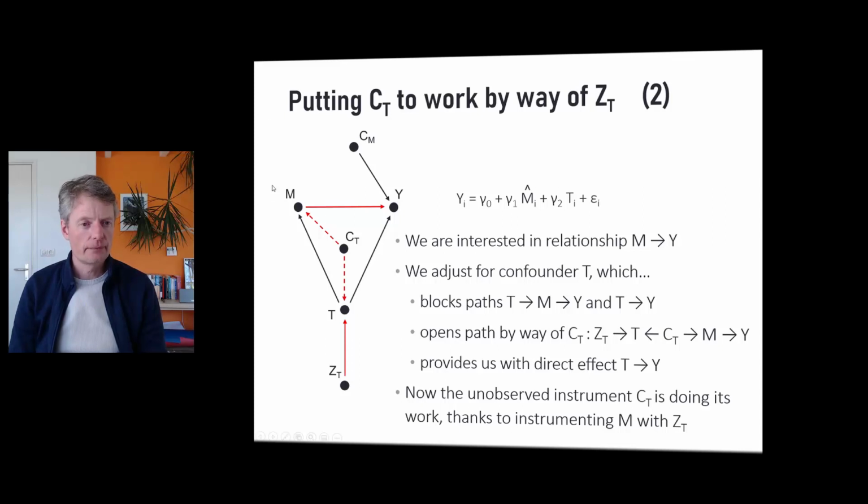Now, we are interested in the relationship between the mediator and the outcome, and we want this relationship to be unbiased, right? So, as we discussed earlier, we have to adjust for T here because T acts as a confounder. T affects M, but it may also directly affect Y. This is the direct effect, right? So basically, if we are interested in the relationship between M and Y, we have to adjust for T.